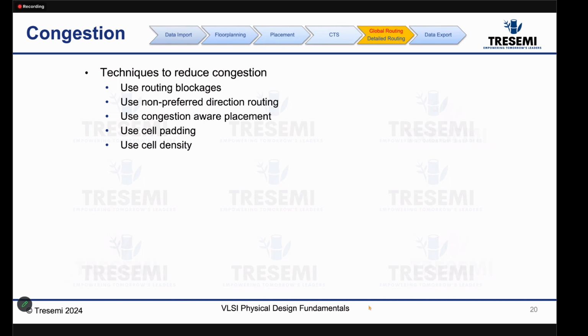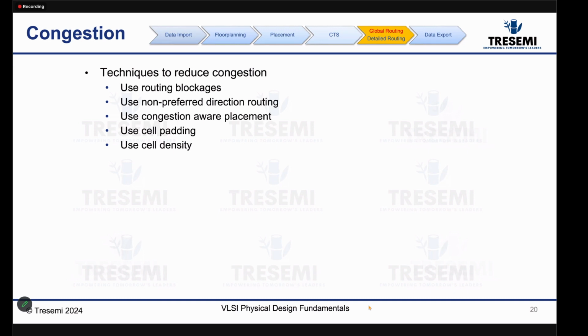The first problem is that the congestion is global, right? If the congestion is global, that means you're in trouble. Essentially, it's everywhere. Either your die is too small, or your cell density is too high, right? It's everywhere. Essentially, you have to go back, right?